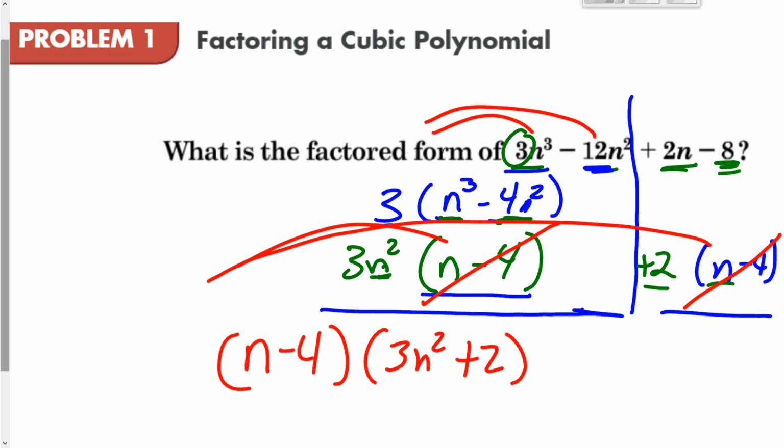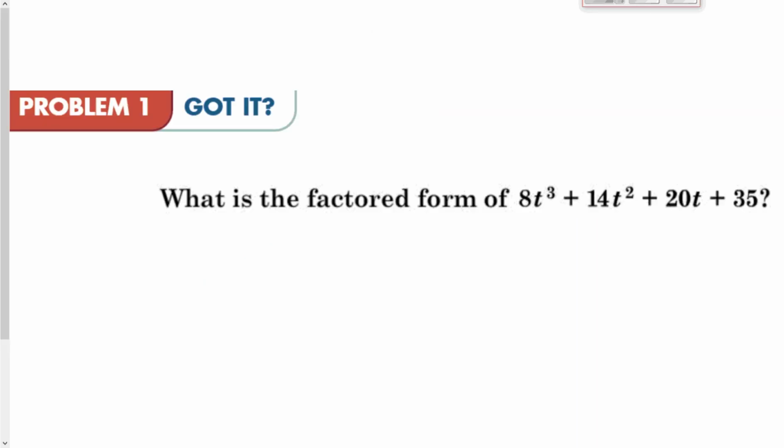Now here's where you want to check, just like the last one, to see if there's any more that you can factor out. So we look at this, can I factor anything out of there? Is there a common factor? What about this one? Nope, so that's it. So I am done. Alright, you go ahead and try this one. Look for the GCF in all of them first.